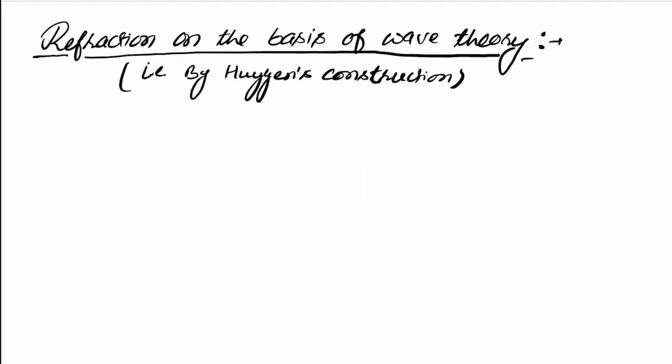Now let us discuss refraction on the basis of wave theory, that is by Huygens construction. For that, let xy be a plane surface which separates a denser medium from a rarer medium, as shown here.